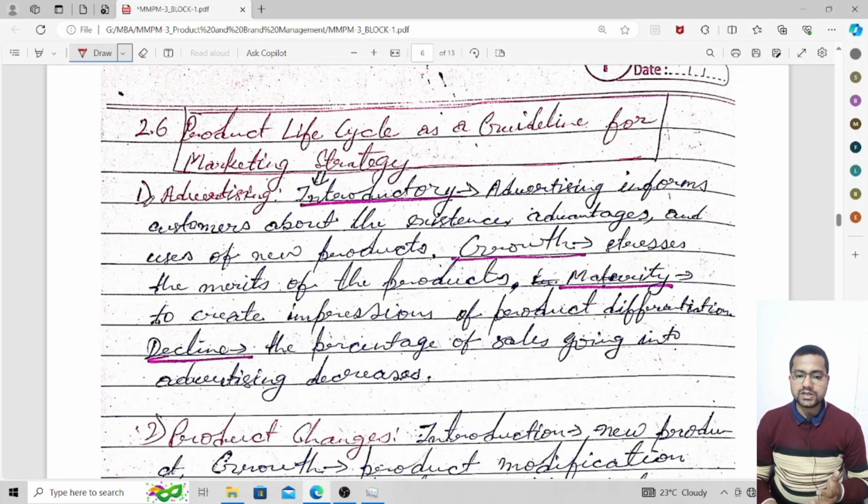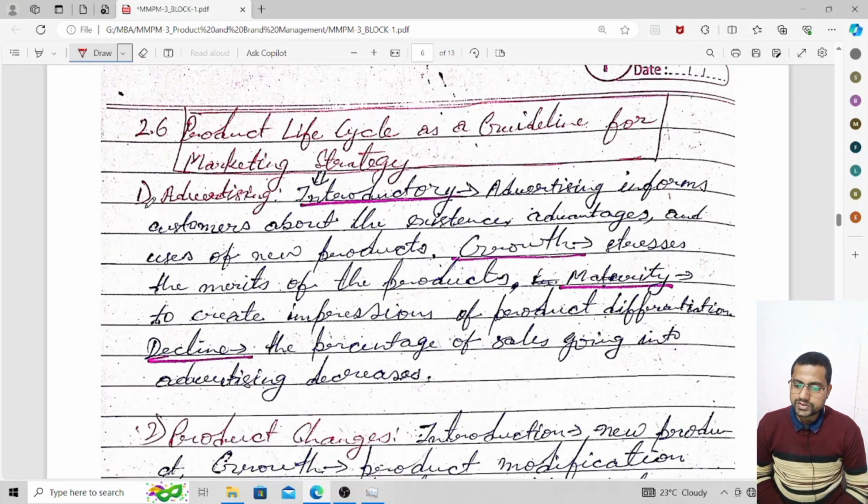So first given is advertising. Advertising is also a marketing strategy. So in case of advertising, how do we take decisions, meaning what kind of strategy should we choose in advertising when we are in different stages of the product life cycle? The first thing given is the introductory stage.